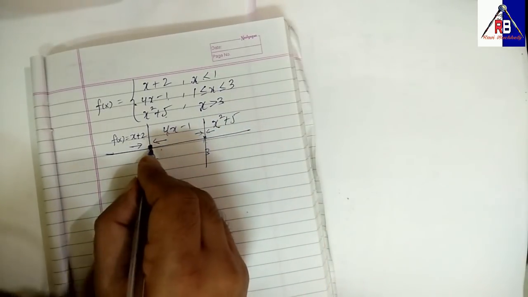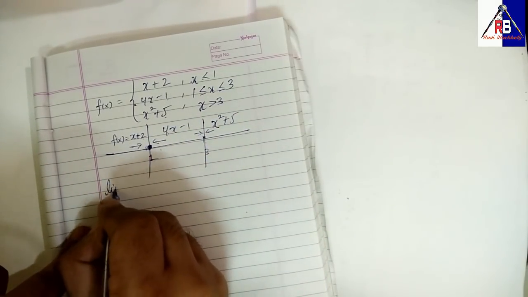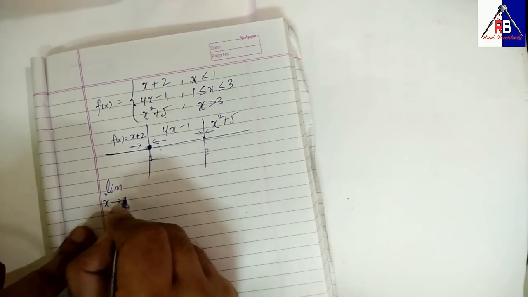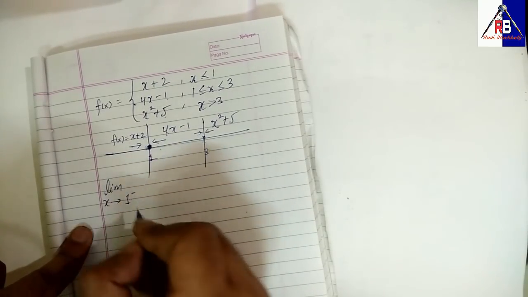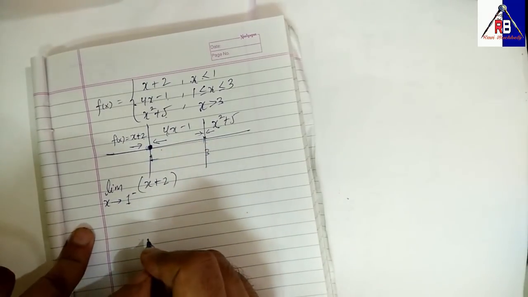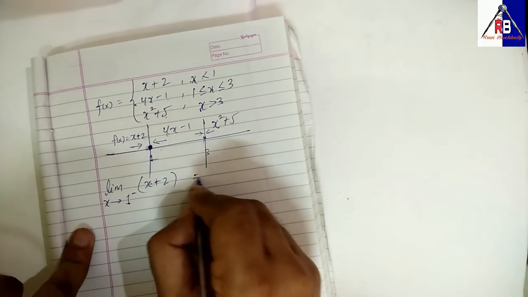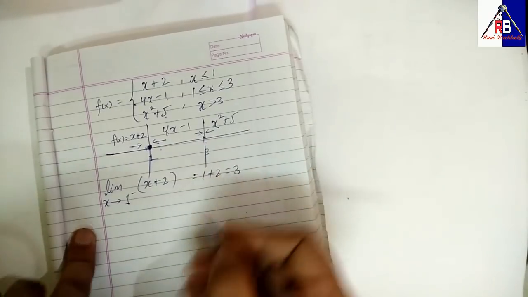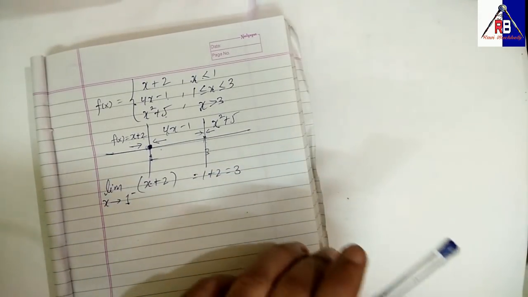So first of all we'll check at 1. We'll write it as limit x tends to c minus, and from the left side the function is this. Now we can simply put x equal to 1 and it will become 3. There is another way of solving it by the definition of LHL.